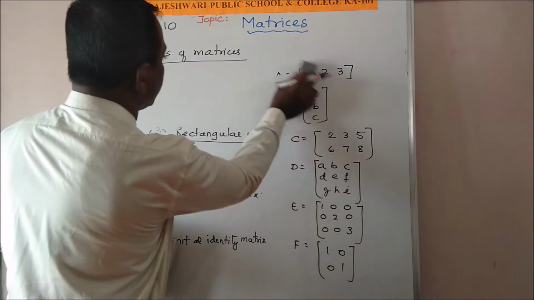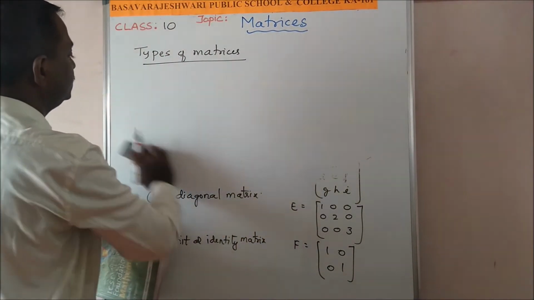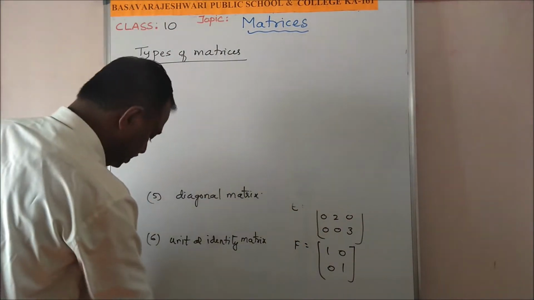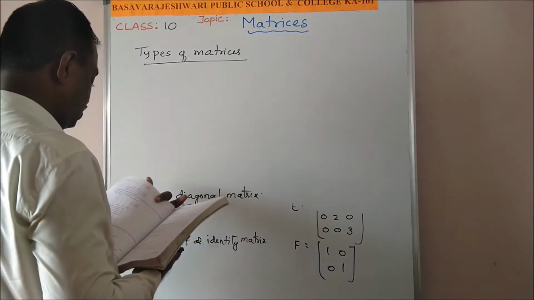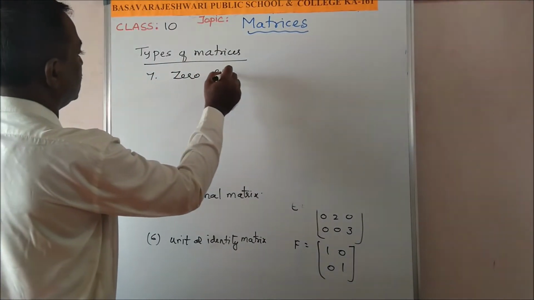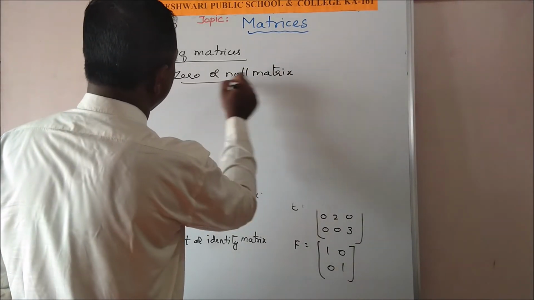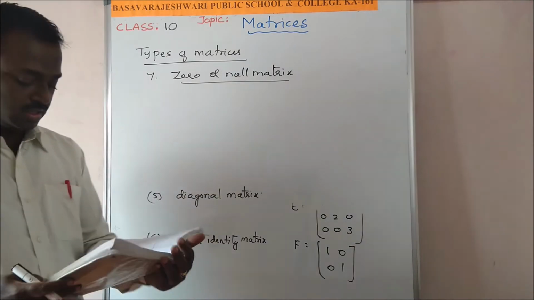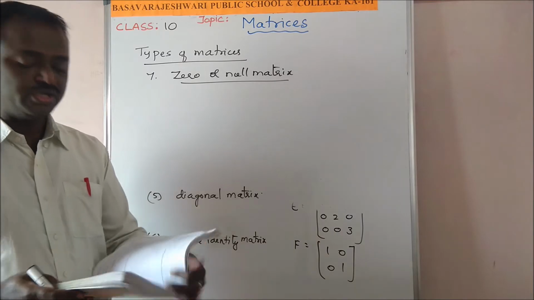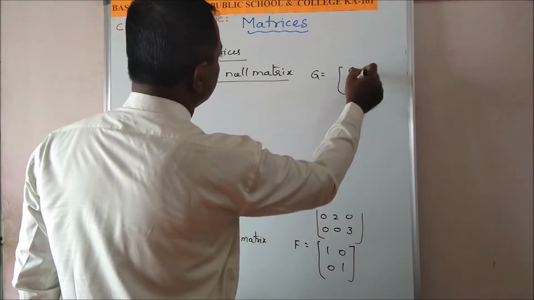Now we move on to the next type. 0 or null matrix. As the name itself indicates, all the elements in the matrix will be 0, 0, 0, 0, 0.